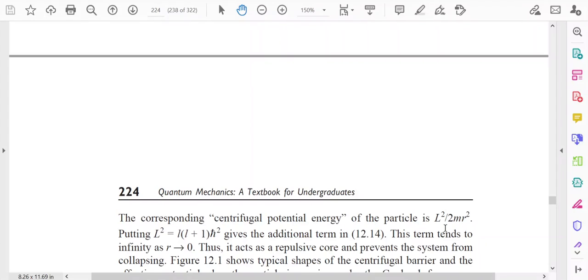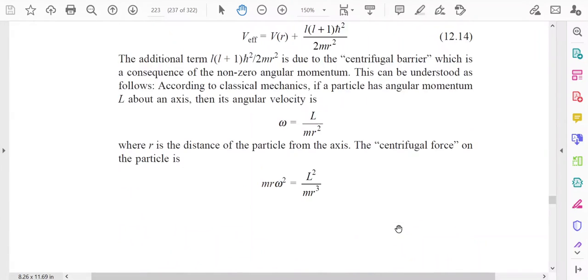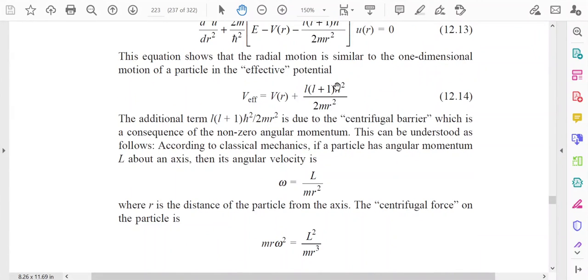This is the expression for the potential. Now, in place of L², we write L(L+1)ħ². We have already discussed that L² is equal to L(L+1)ħ². If you put the value of L² in this expression, you see that this term is exactly the same as this term.